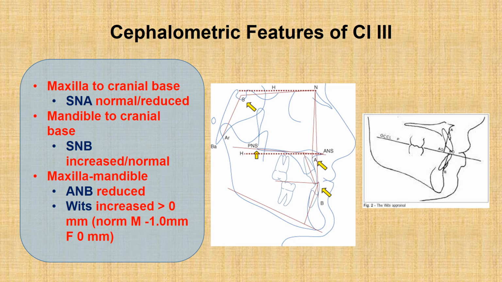Now this is the Wits measurement, whereby a perpendicular is dropped from the A point to the occlusal plane. Similarly, a perpendicular is dropped from the B point to the occlusal plane, and then the distance between these two, AO and BO, is measured.